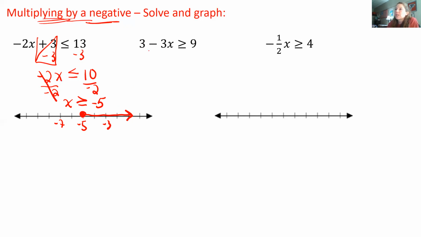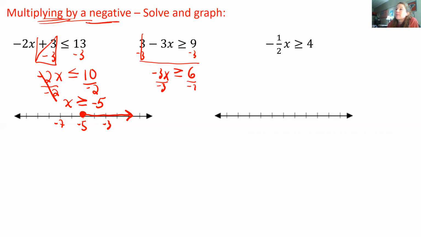All right, here, what we're going to do is get rid of this +3. The only way to get rid of a +3 is to subtract 3. So 3 minus 3 is nothing. We bring down our -3 times x. We bring down our inequality. 9 minus 3 is 6. How do you get rid of times -3?